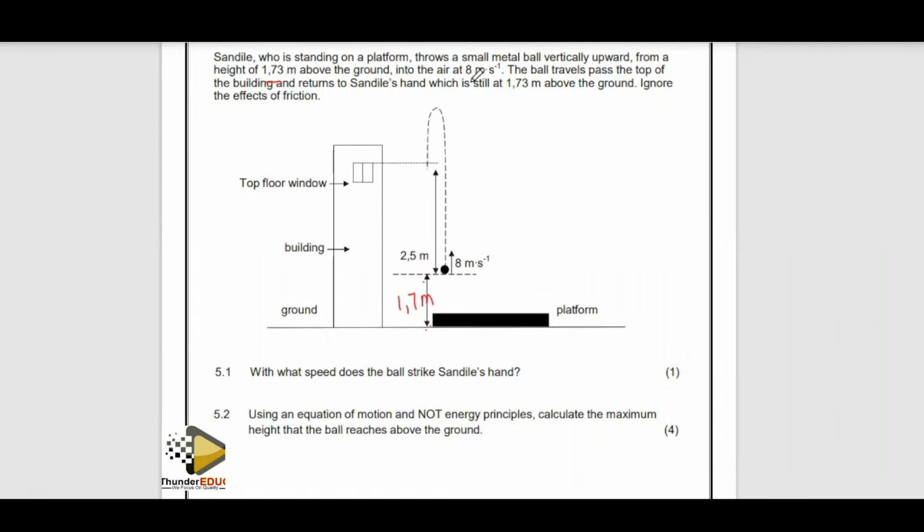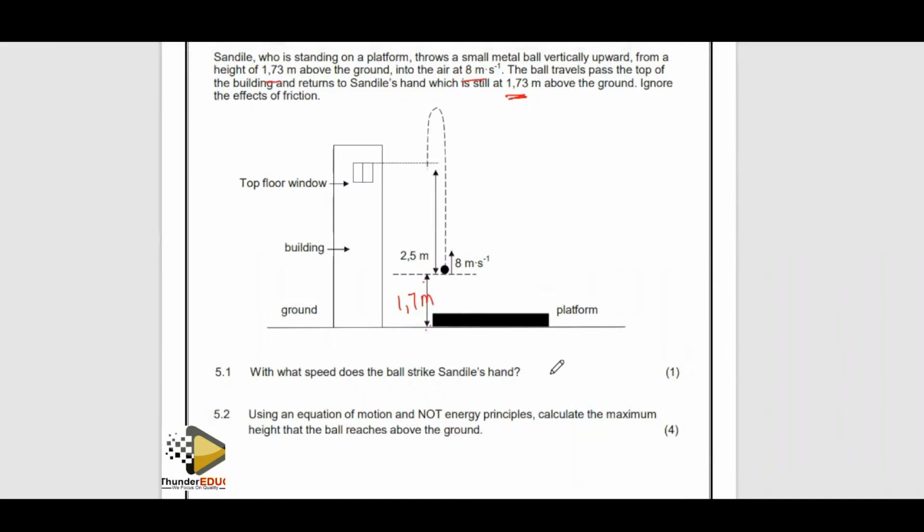Okay. At this velocity, the ball travels past the top of the building and returns to the hand, who is still at that same height. Ignore the effects of friction. Sandile is somewhere here. So with what speed does the ball strike Sandile's hand?